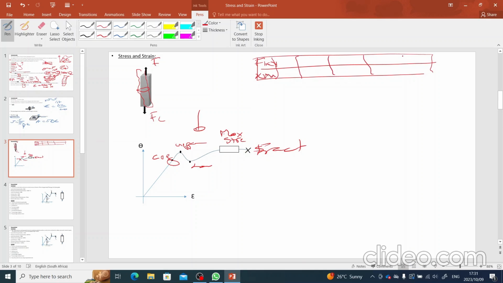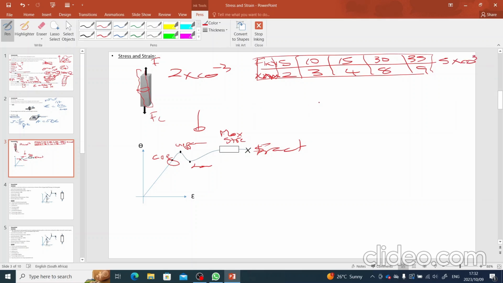You will be given force 1, force 2, force 3, force 4, force 5. Then you are given the change in length. Now, you are told the SI unit is millimeters. It means here you have 2 times 10 to the power negative 3. It means here you have 5 times 10 to the power 3.